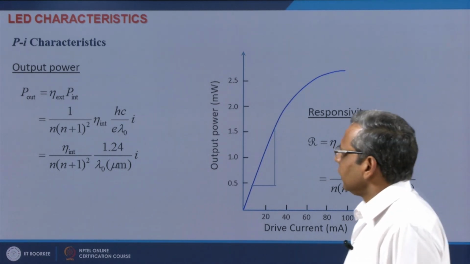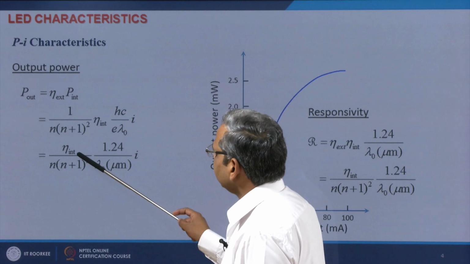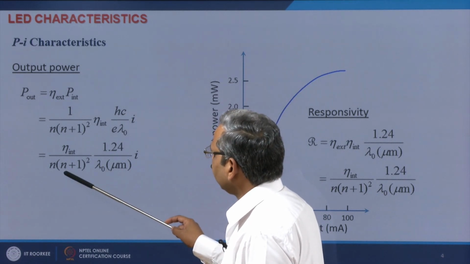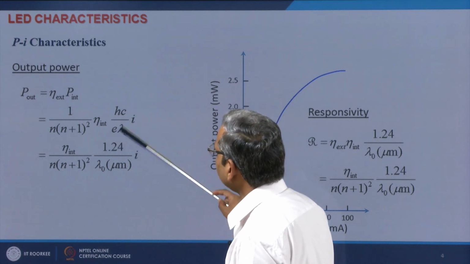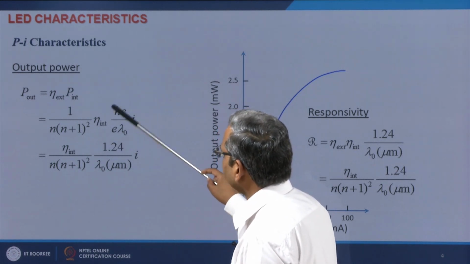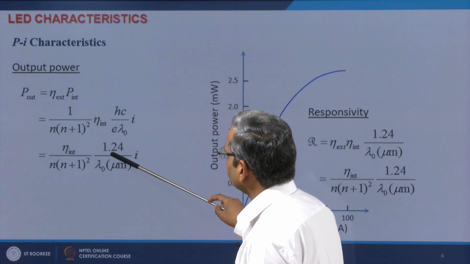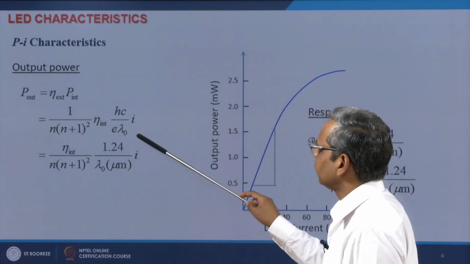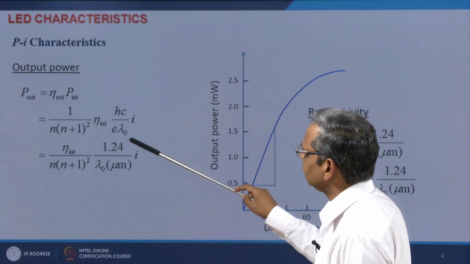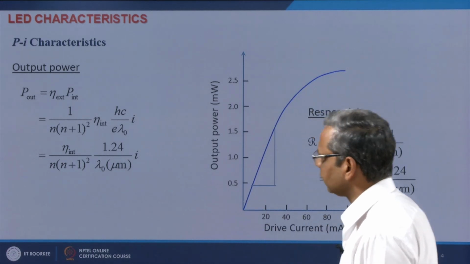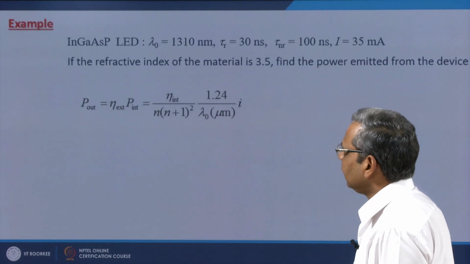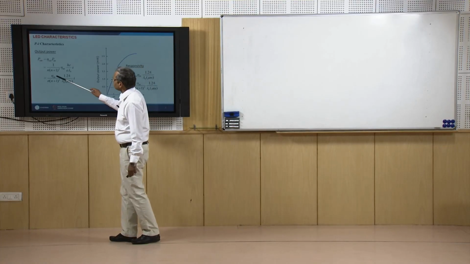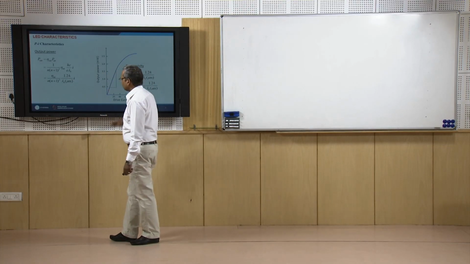Then I can write it down in the form eta internal divided by n times (n plus 1) square, and Hc over E I can calculate and write as 1.24, and a factor of 10 to the power minus 6 is there, which is absorbed in micrometer here, times I. So, this is the output power.